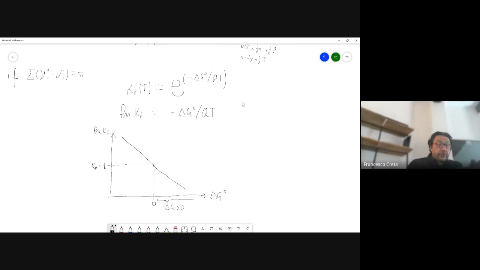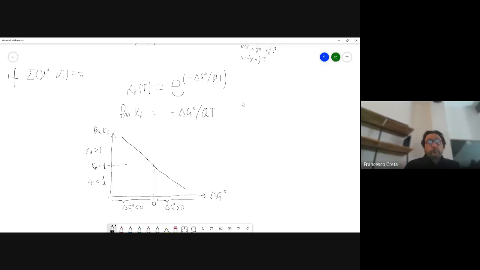So whenever delta G0 is bigger than 0, you're in the Kp less than 1 domain. On the other hand, on the negative side of delta G0, Kp tends to be bigger than 1.